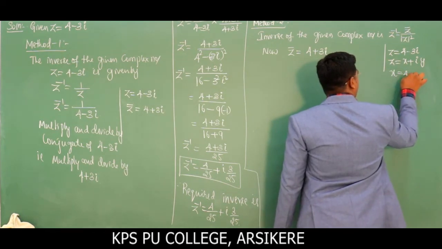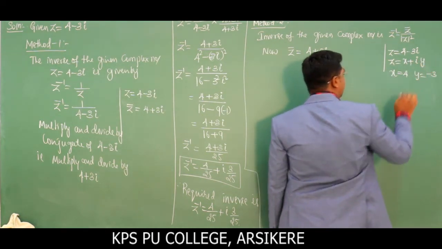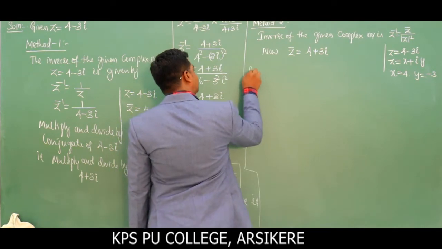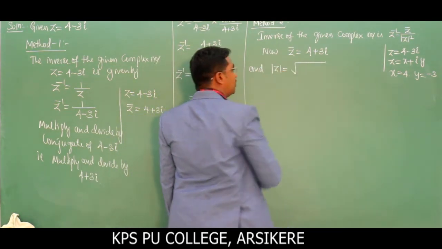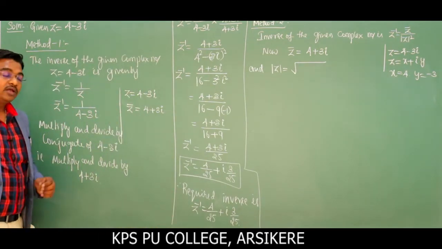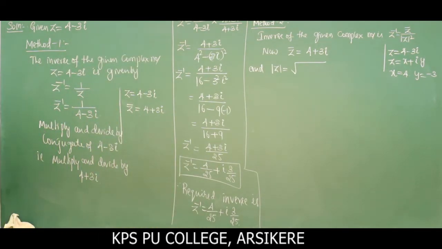X is equal to 4 and y is equal to minus 3. And mod of z, what is the formula? Root of x square plus y square. Simplify the terms. Substitute x is equal to 4 and y is equal to 3. So what will be left there?